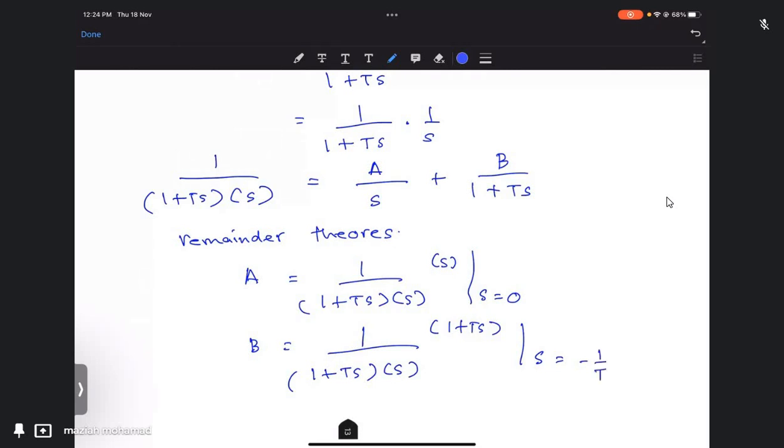You can cancel this, this becomes 0, A equal to 1. As for this one, you can cancel this, B is -1/T.